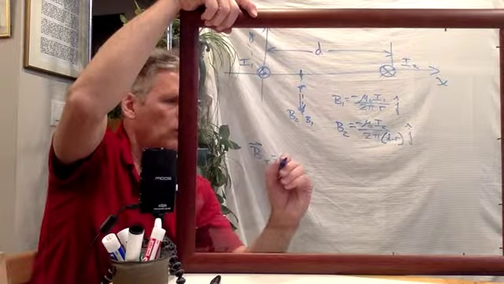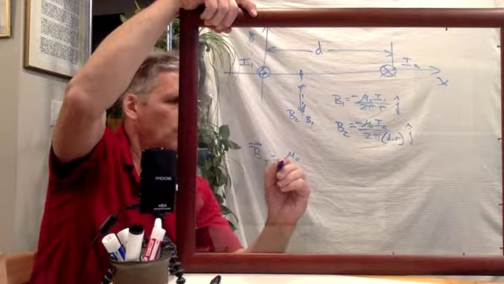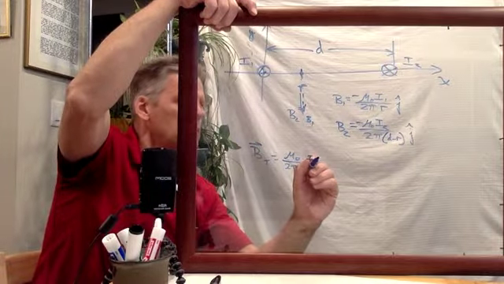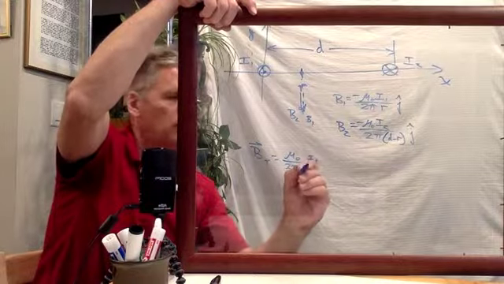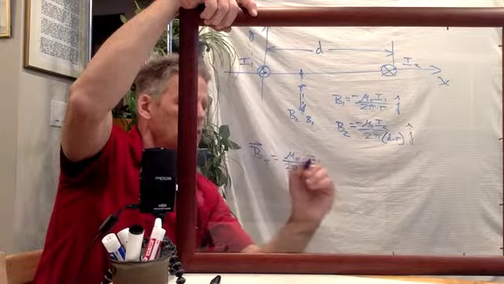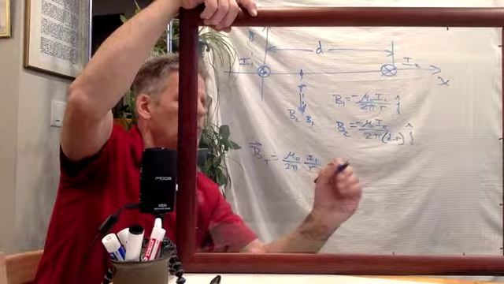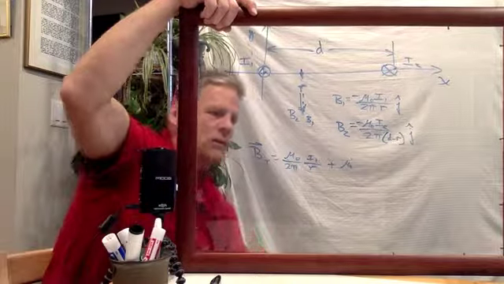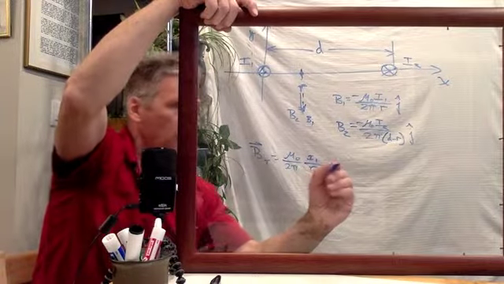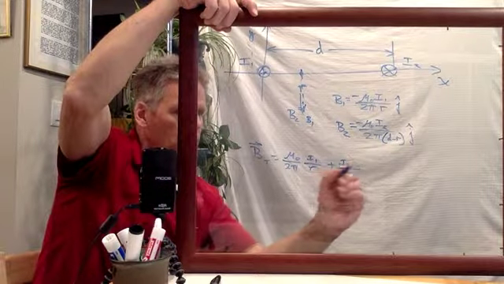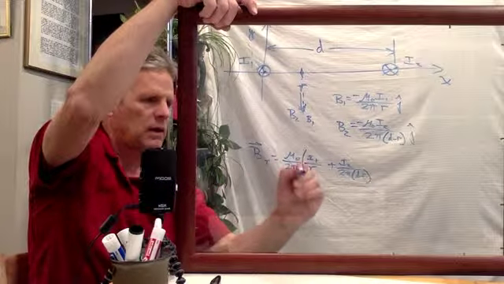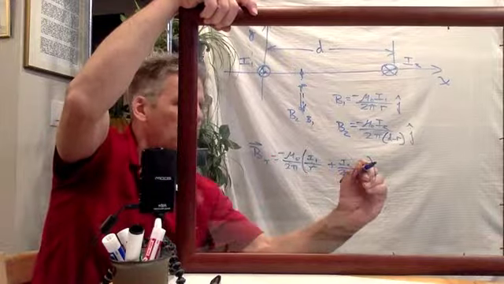So our B total is going to be equal to mu 0 over 2 pi, I1 over r, plus I2 over d minus r, with a minus sign and j hat.